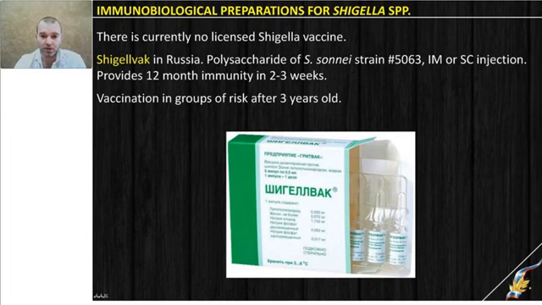Immunity will appear 2 or 3 weeks after injection, so that vaccine should be planned some months before a trip. Vaccine is contraindicated for kids below 3 years of age, so that group of people remains unprotected.